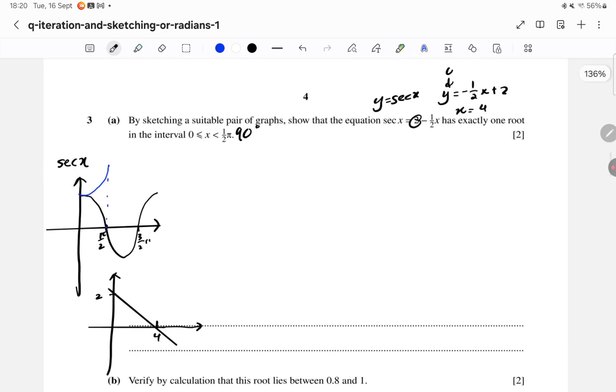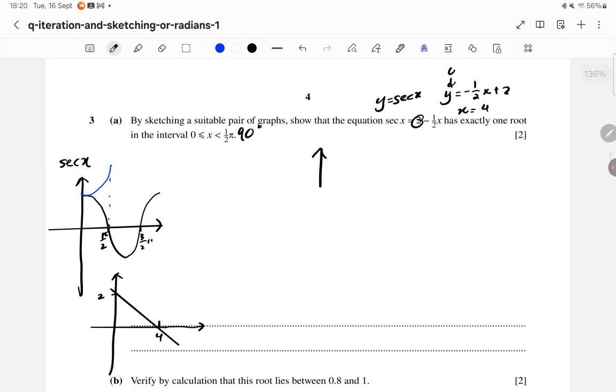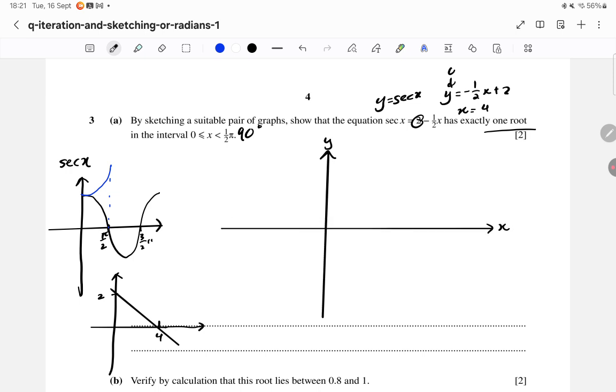I'm going to draw the big plane. They said for one root, so I'm going to draw a big plane with x and y. They're asking up to pi over 2, so I'm just going to draw pi over 2 here. So our secant graph would be something like this. By the way, it starts at 1.